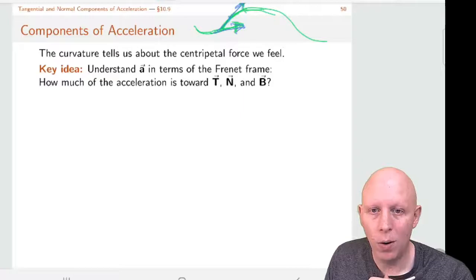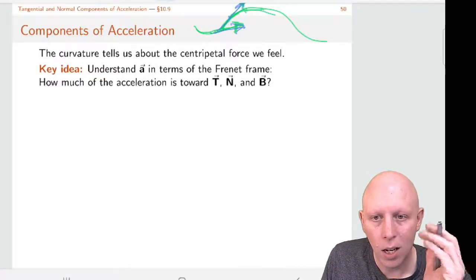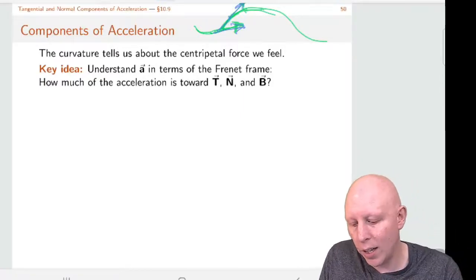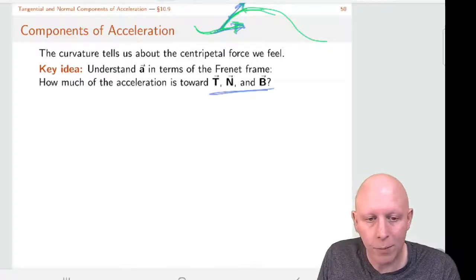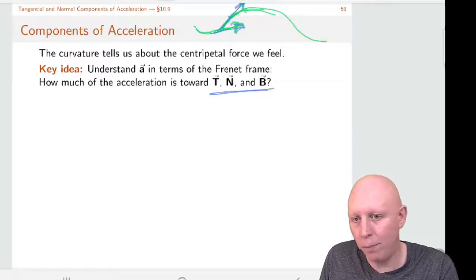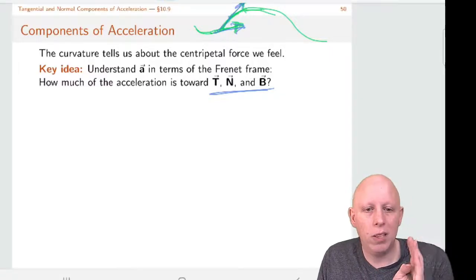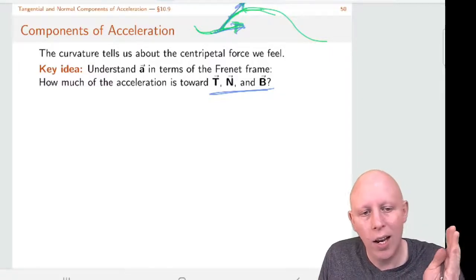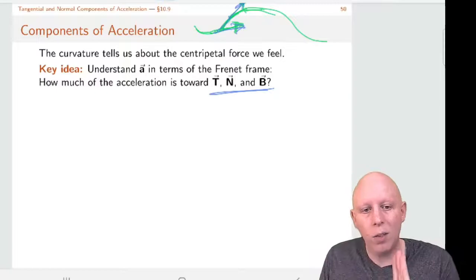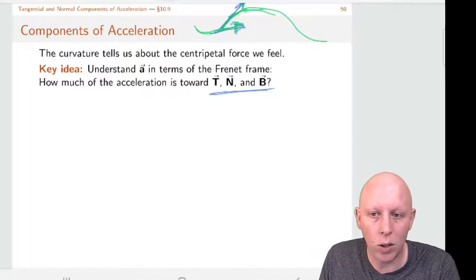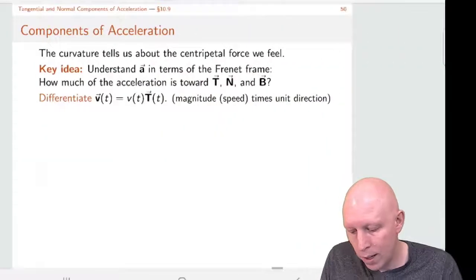And so, can we understand what that acceleration feels like in terms of our Frenet frame, in terms of this TNB frame? So, how much of the acceleration is towards T, how much of it is towards N, and how much is it towards this binormal vector? All right.